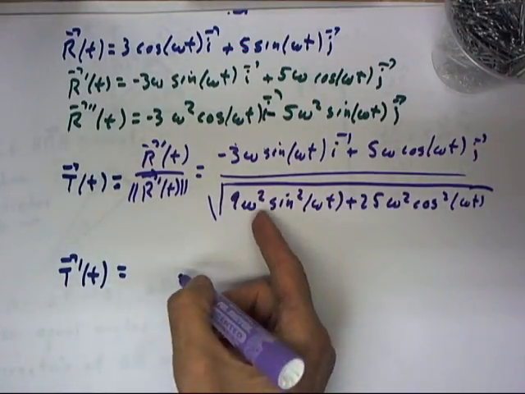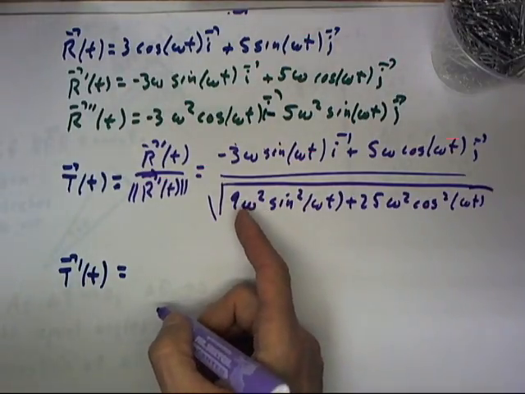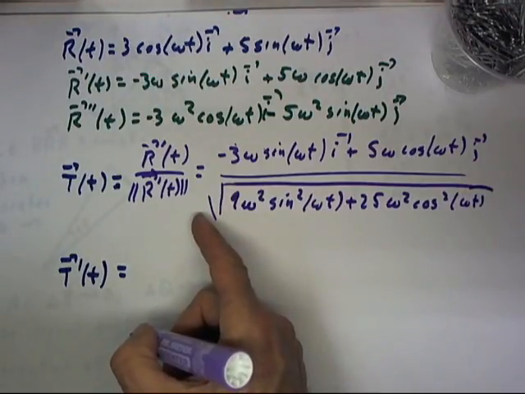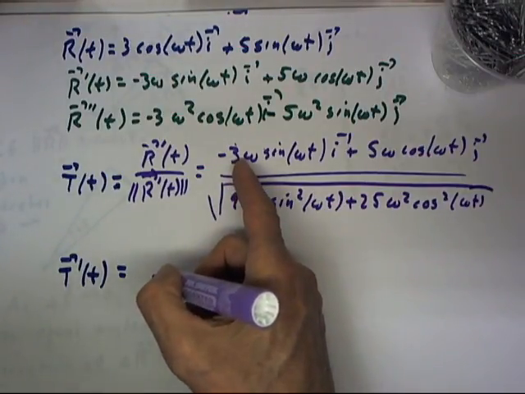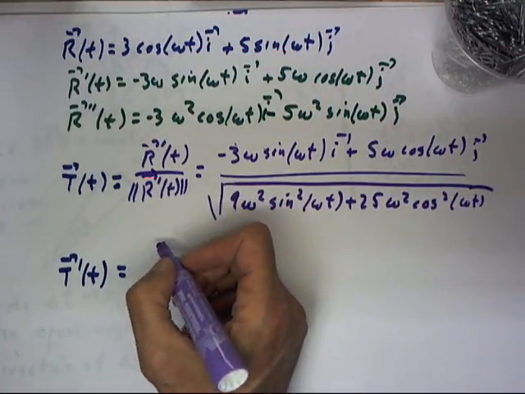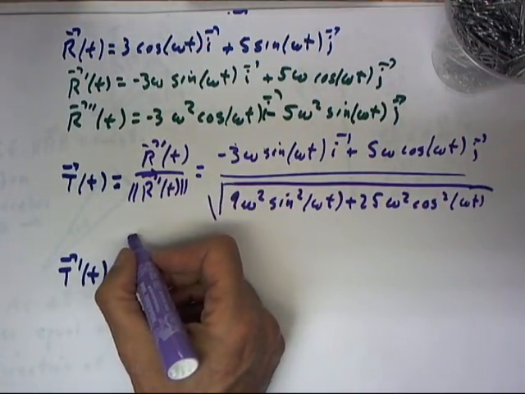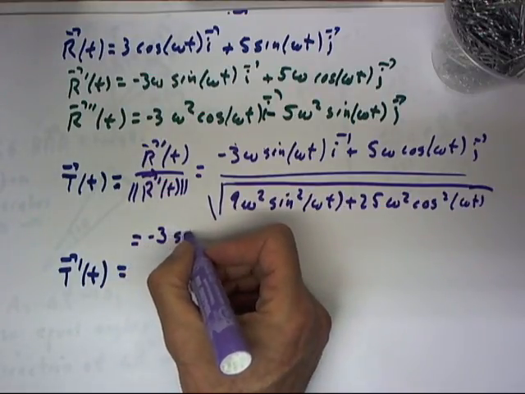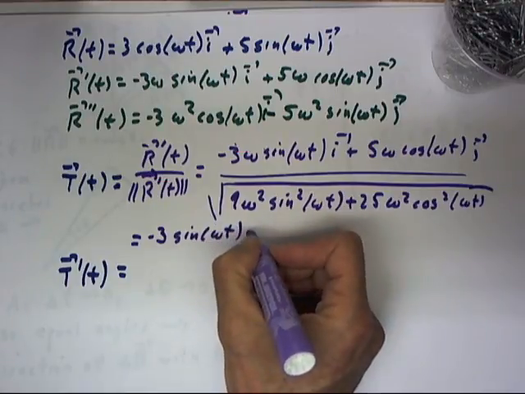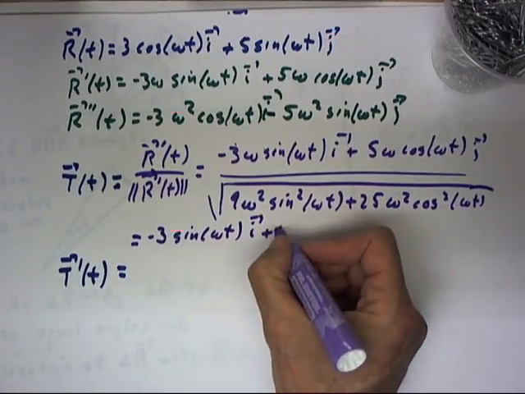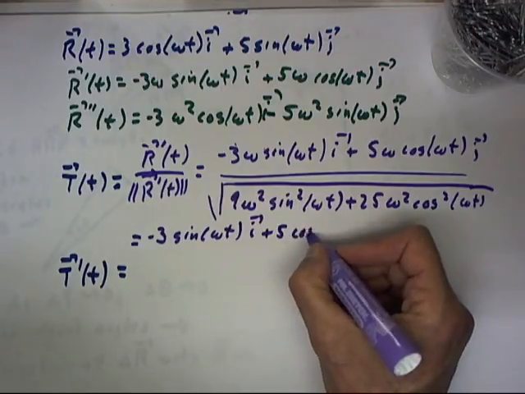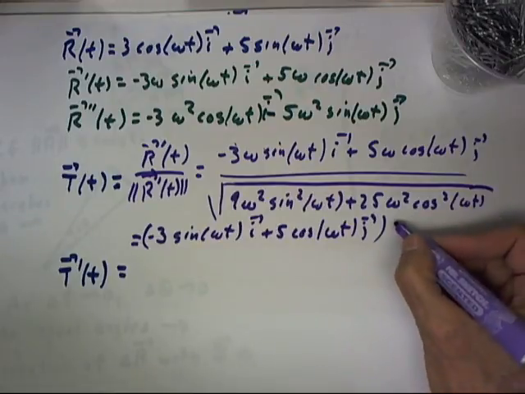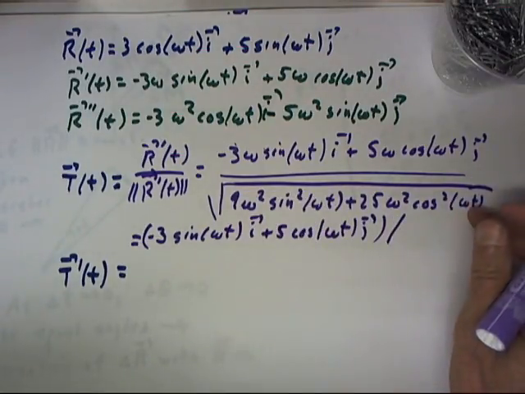Now, the square root has a common omega squared. That can be factored out, giving us an omega, and that's going to divide our omegas so that our unit tangent vector is going to become negative 3 sine of omega t i plus 5 cosine of omega t times j divided by this square root.